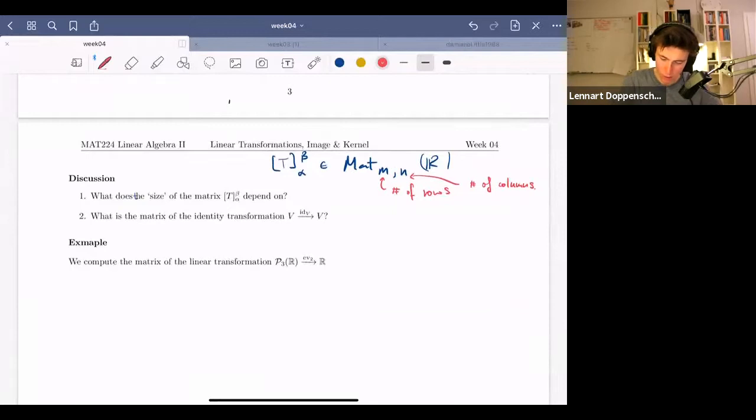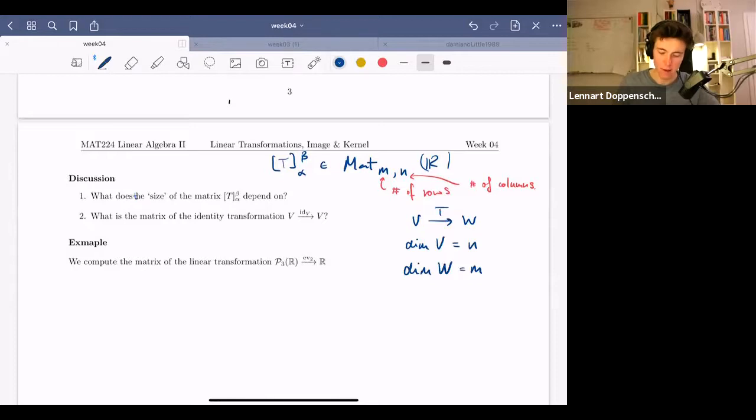And so if we have T going from V to W, then the number of columns has to be the dimension of V, if I get this right. So the dimension of V has to be n, and the dimension of W has to be m.